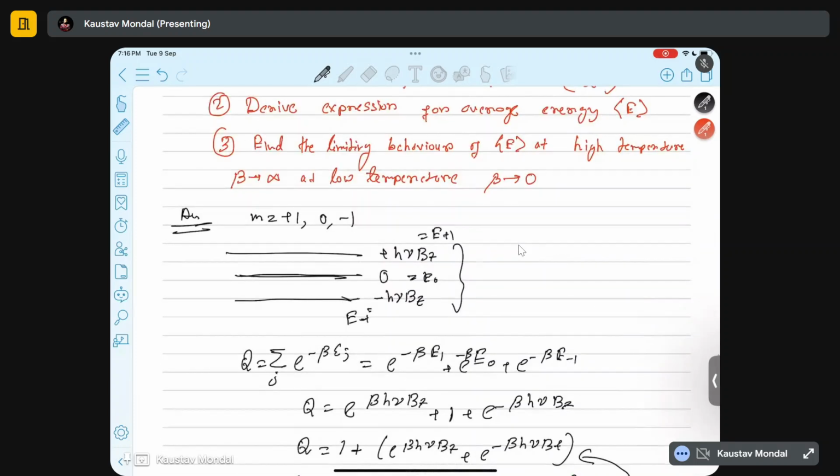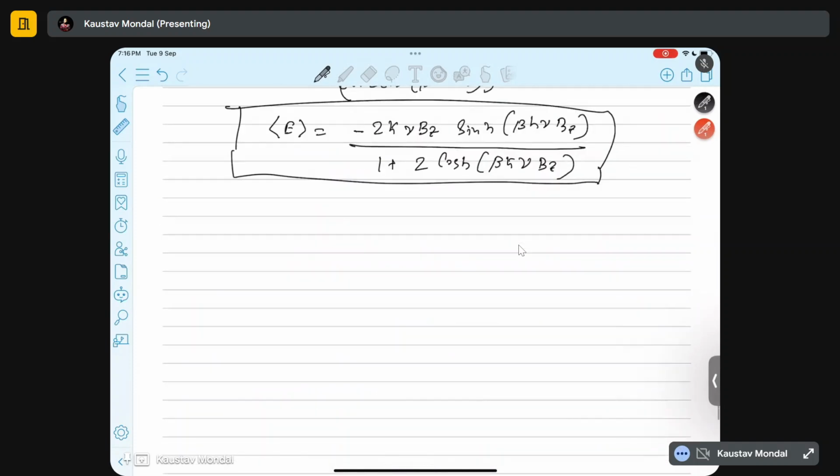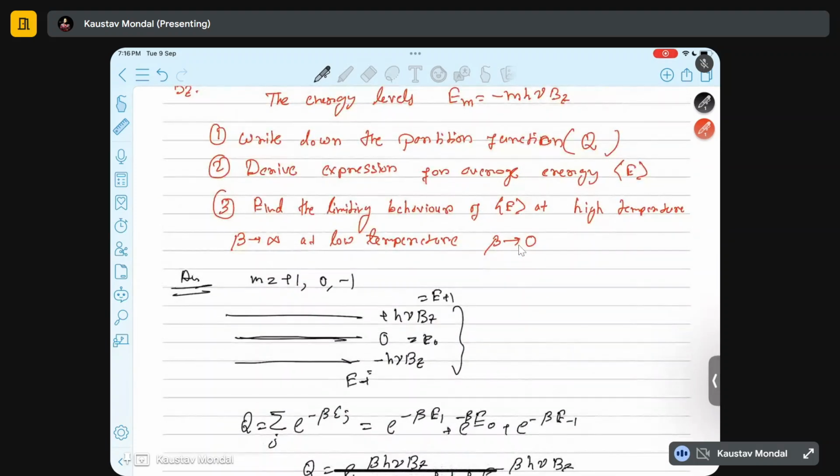Now, the first two problems are basically done. The calculation of the partition function is done. The derivation of average energy is done.